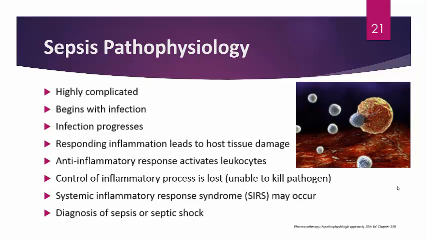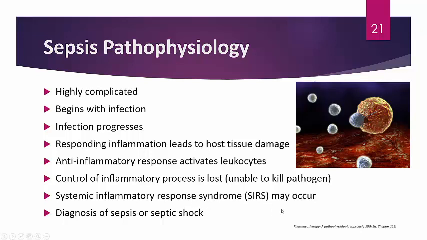As a result of that, systemic inflammatory response syndrome occurs, which essentially is related to sepsis in that these inflammatory responses can manifest as anything from a high heart rate to a high respiratory rate to a high temperature, which may occur with SIRS.